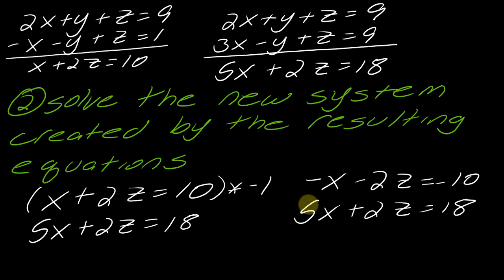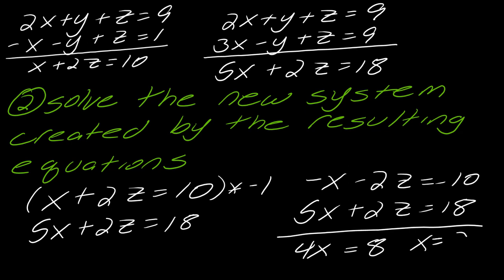There are so many numbers flying around, and you make one wrong move, you're going to get the whole thing wrong. Okay, so let's eliminate. I'm left with 4x equals 8. If I divide both sides by 4, I get x equals 2. Cool.